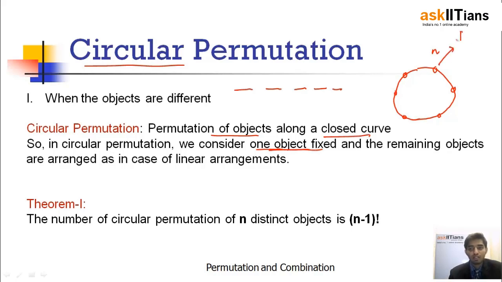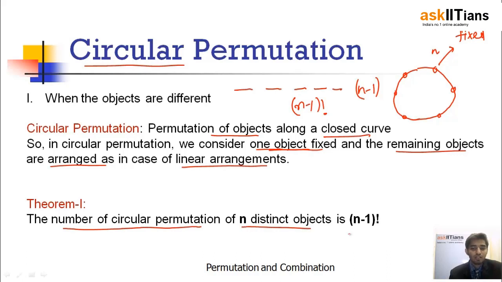First of all, let me say that this object is fixed, and the remaining objects will be arranged as in the case of linear arrangement. So there are n-1 remaining objects, and these n-1 objects will be arranged as in linear arrangements. So there will be (n-1)! ways. So the total number of circular permutations of n distinct objects is given by (n-1)!.